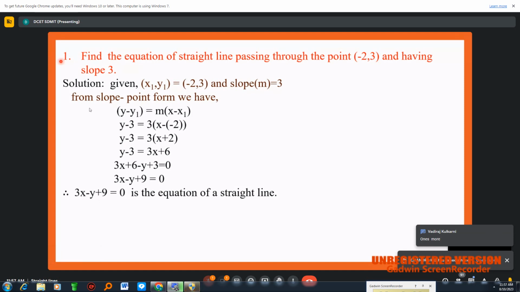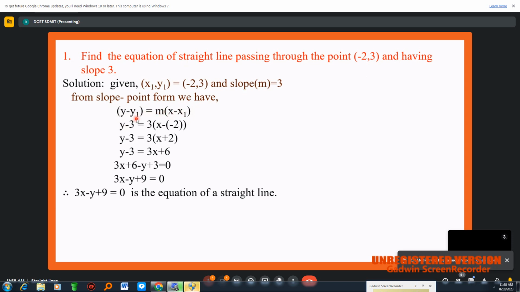Once more. Yeah. So if in the question they given it as we have to find the equation of a straight line, and if they given one point and one slope, then we have to use the slope point form. So ಇಲ್ಲಿ ಪಾಯಿಂಟ್ ಕೊಟ್ಟಿರೋದನ್ನ ಏನು ಅಂತ ತಗೊಳ್ಬೇಕು, x1 and y1. x1 ಅಂದ್ರೆ ಏನಿದೆ -2, y1 ಅಂದ್ರೆ ಏನಿದೆ 3 and slope value ಎಷ್ಟು ಕೊಟ್ಟಿದ್ದಾರೆ 3. Substituting in the formula, this is the standard equation you will get, right? Y minus y1 is equal to m into x minus x1.